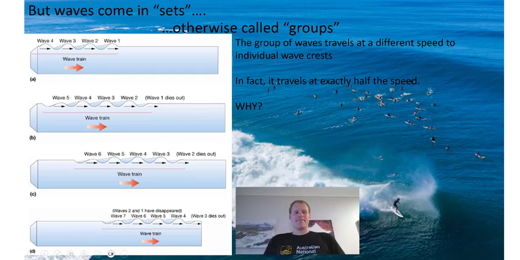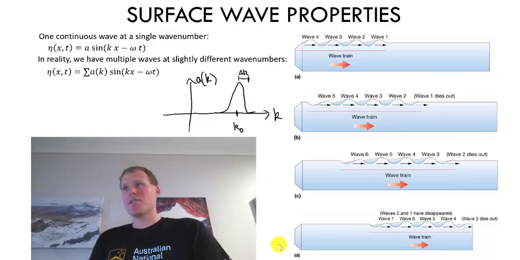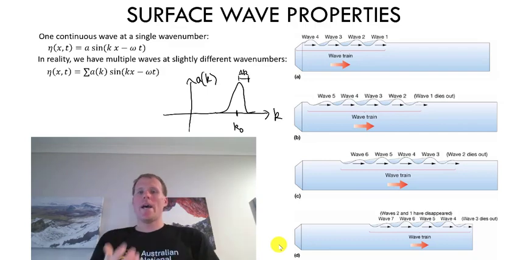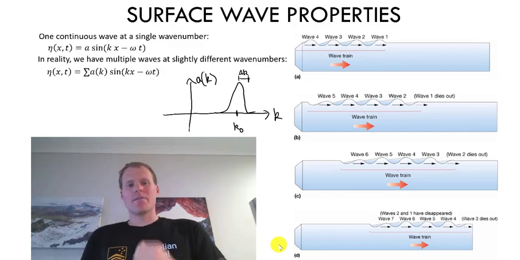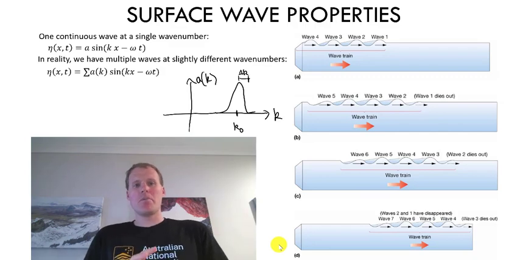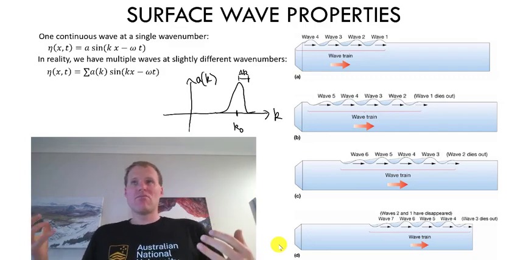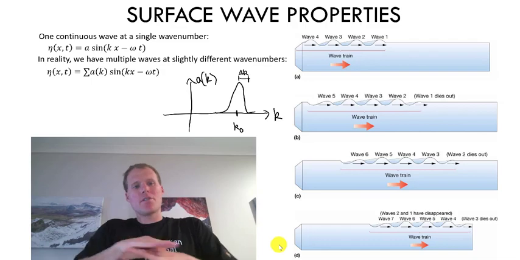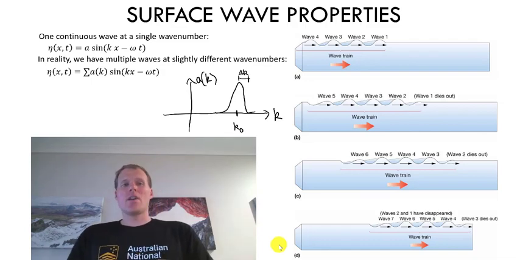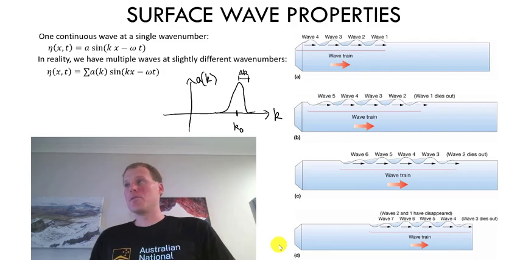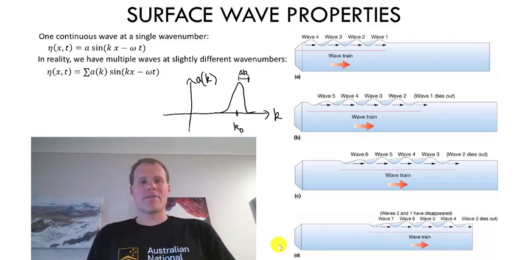Why is this? To understand this, we actually have to think about the fact that our waves propagating on the ocean are not just one wave number and one frequency. They're actually a superposition of a few different wave numbers and frequencies all piled on top of each other. Usually we think of it as a wave group being composed of a small band of wave numbers.